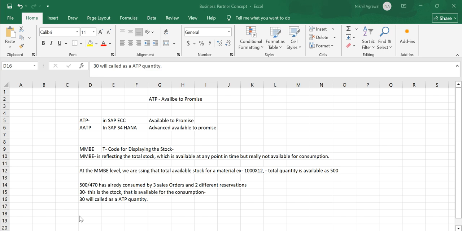Now we will move ahead and understand how we derive the ATP quantity.